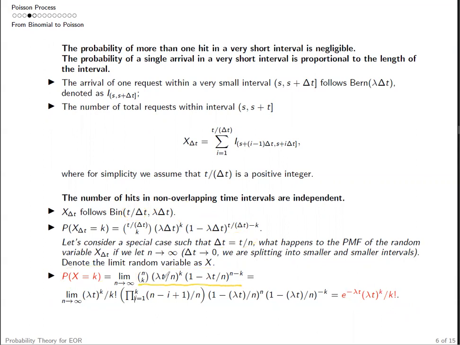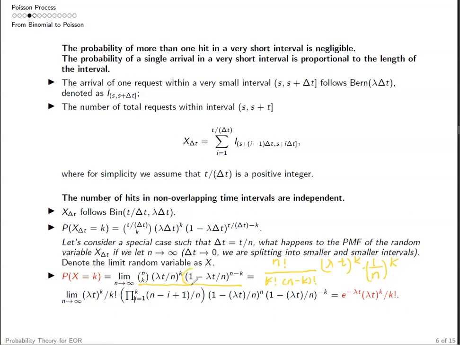Let's expand the binomial coefficient by its definition, which will be n factorial divided by k factorial and n minus k factorial, and lambda t to the power k times 1 over n to the power k.